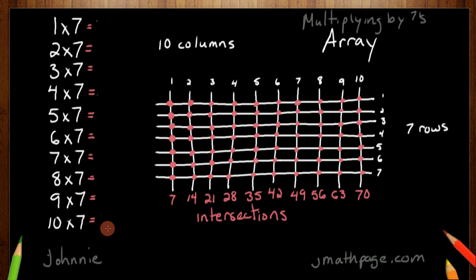Now I'm going to mix them up. Are you ready? 5 times 7 equals. 1 times 7 equals. 6 times 7 equals. 10 times 7 equals. 2 times 7 equals. 9 times 7 equals. 3 times 7 equals. 8 times 7 equals. 4 times 7 equals.